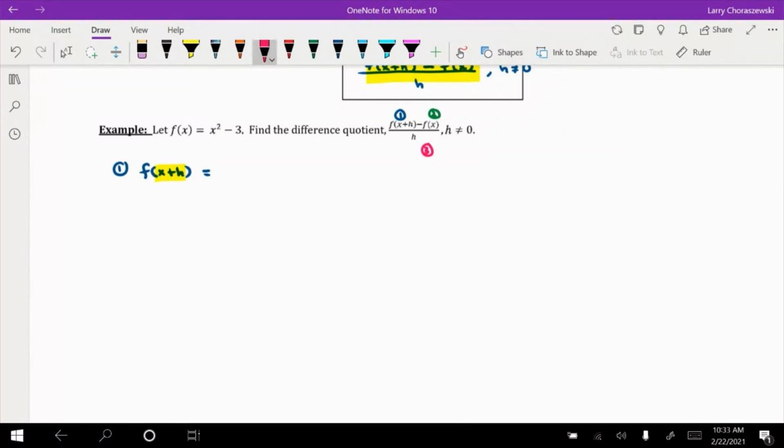So f of x plus h. As we saw earlier, we'll take x plus h and substitute it into wherever we see x. So instead of x squared minus 3, it turns into x plus h squared minus 3. And recall that if we have a power of 2 on the x plus h expression, it means FOIL. And you may recall that when we FOILed out x plus h squared, we got the expression x squared plus 2xh plus h squared.